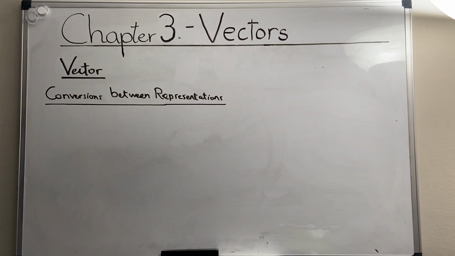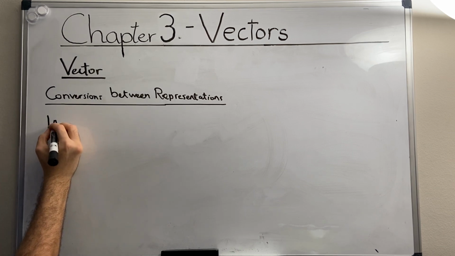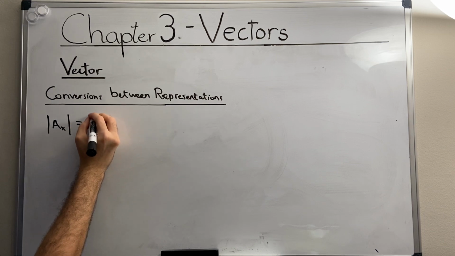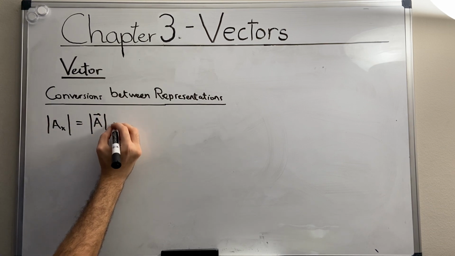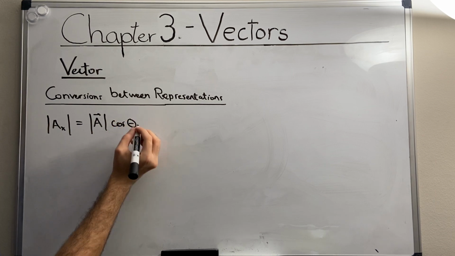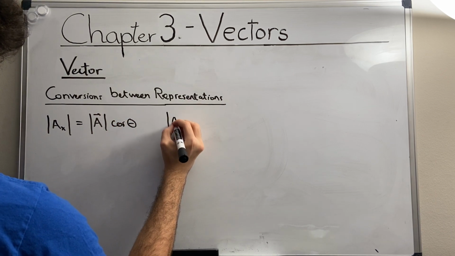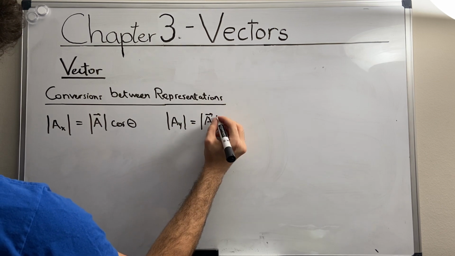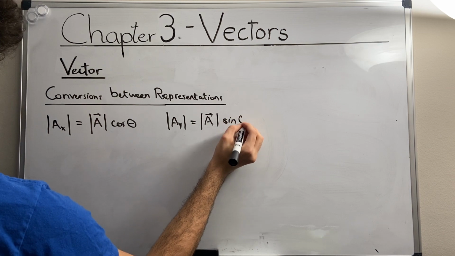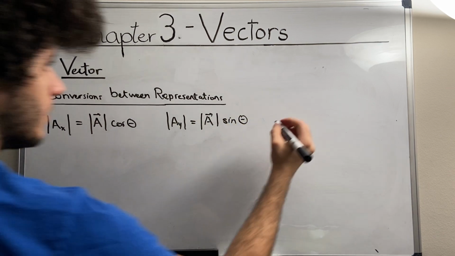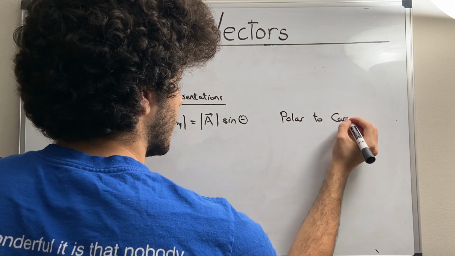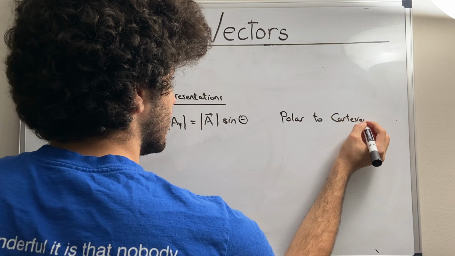Okay, so the first one is basically the following. This is for polar to Cartesian.